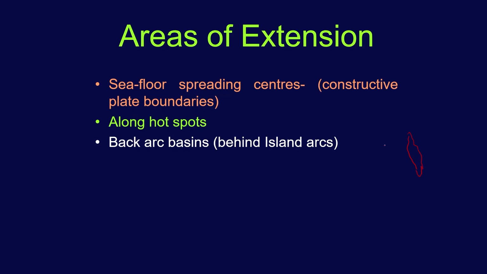And then we have an arc here. This is your Andaman Sumatra arc, or trench also we say. And then we have the back arc basin, which is sitting over here. So, in this back arc basin we will have extension going on.